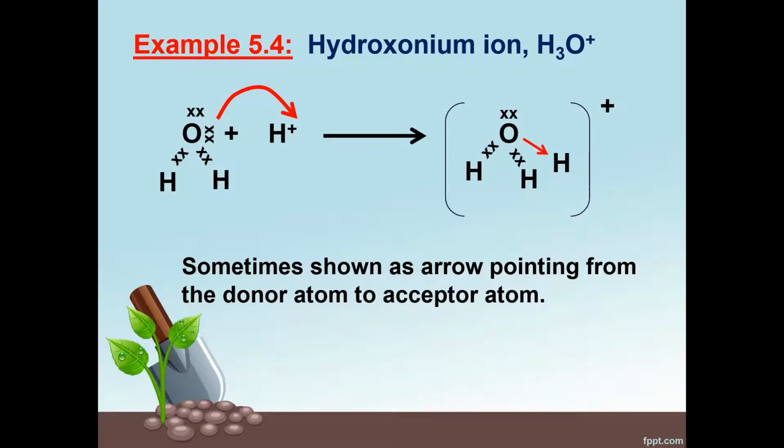Hydroxonium ion H3O+ is formed when the oxygen atom in H2O, water, provides both of the electrons to form a covalent bond with H+. As you can see on the right structure, the electron bonding pair is represented by the red arrow from oxygen to hydrogen.